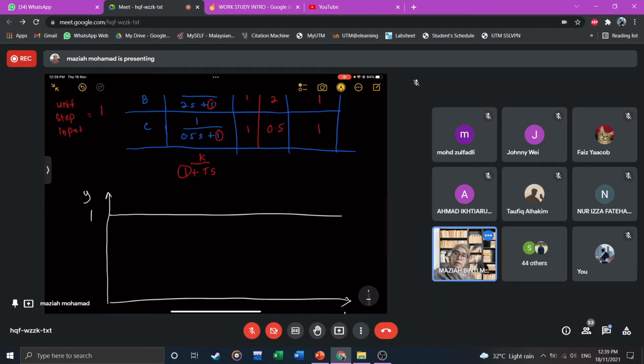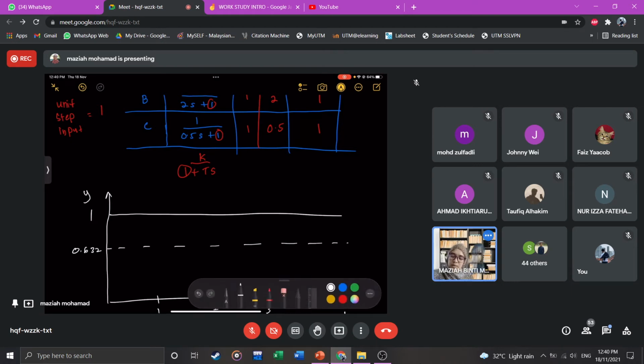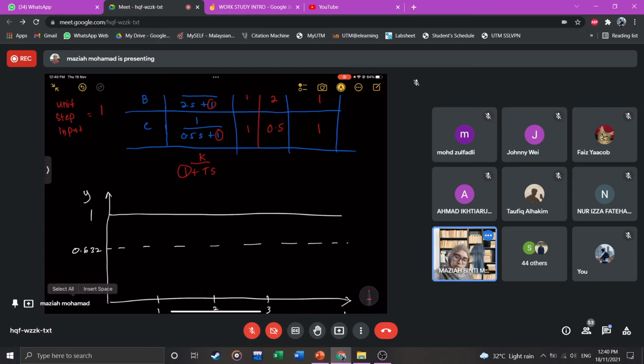So we know that at the time constant we reach 0.63, because 63.2% of 1 is 0.632. So it will reach this line here, 0.632. Let me say this is 1, this is 2, this is 3. So A will reach here.